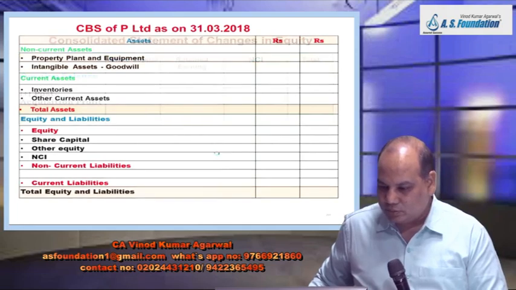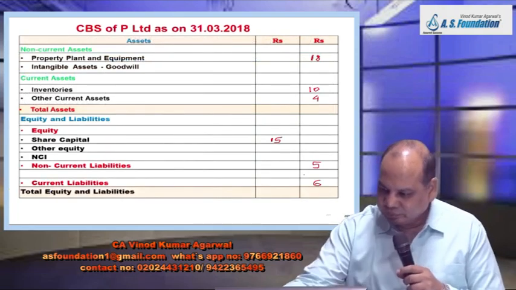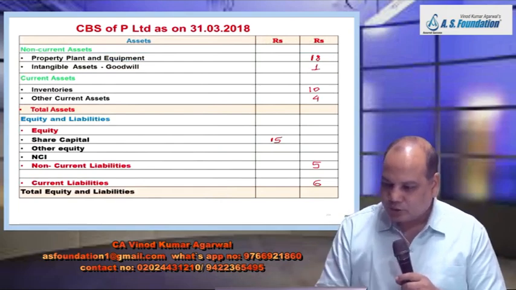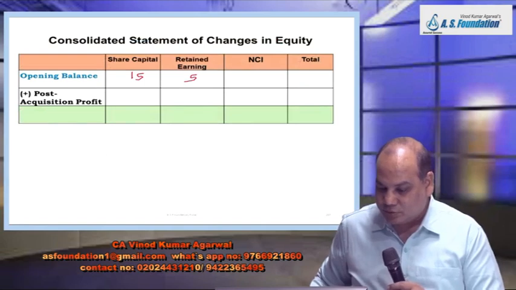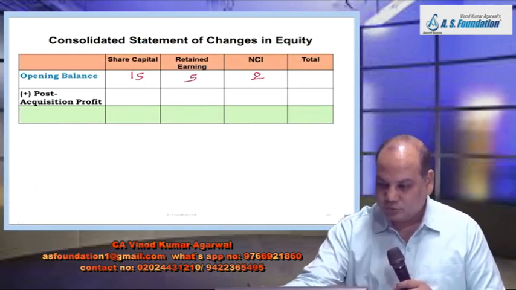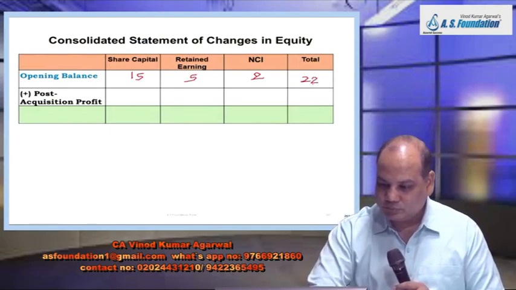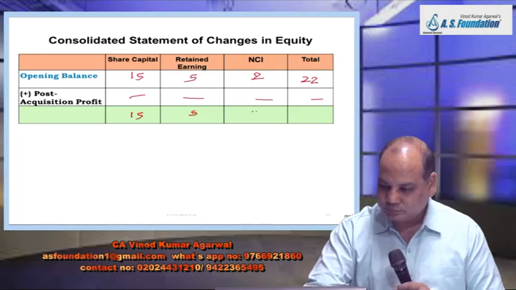So write goodwill one, and come to SOCI. NCI also write down 2. Total 22. Post acquisition is not there.